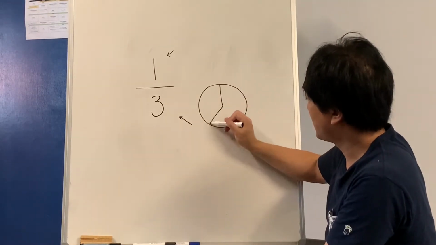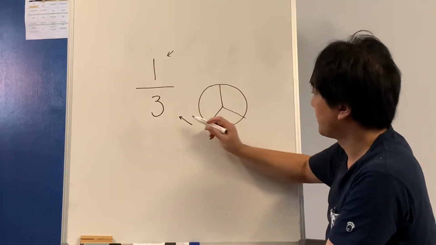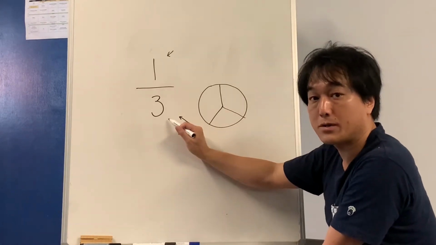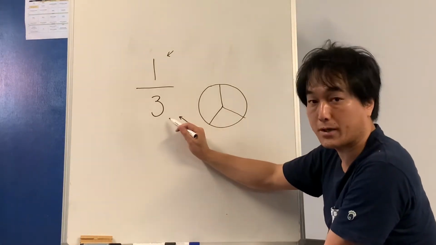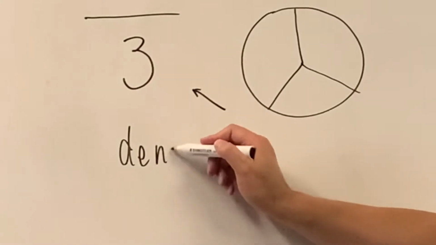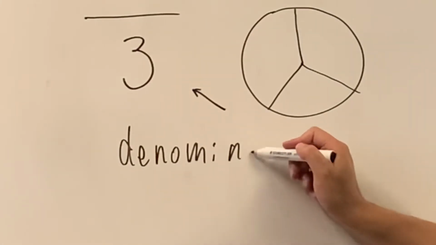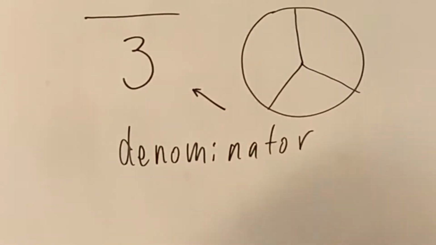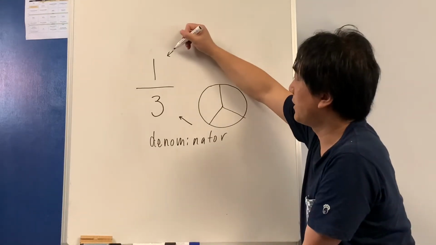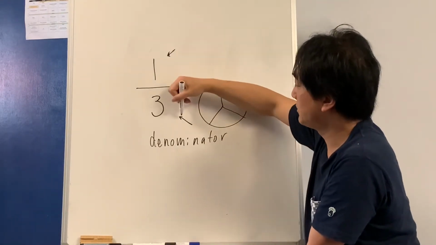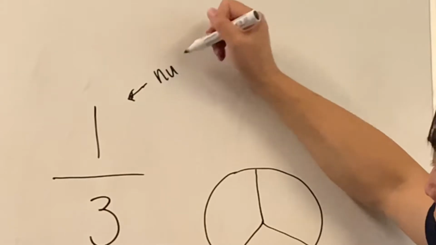Now this number that divides the poppy seed cake, we call it the denominator. Denominator, right? And the top number here, we call the numerator.